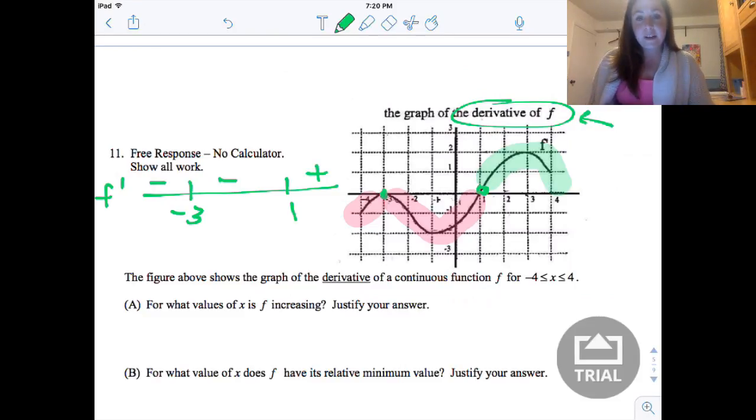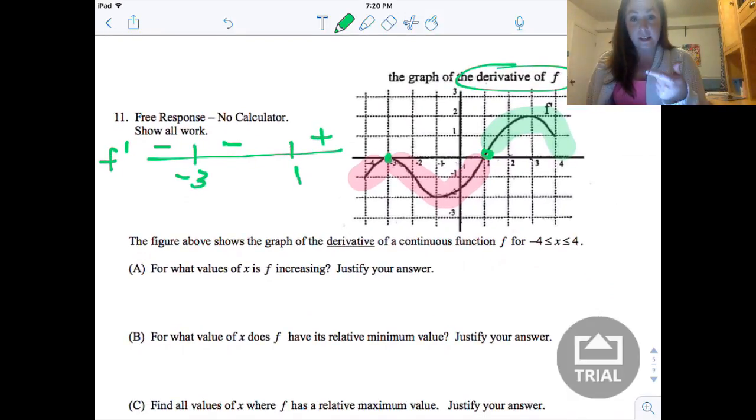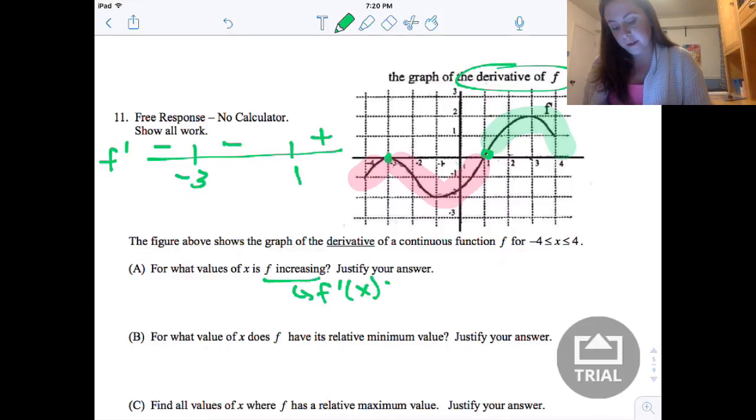So this helps me answer a bunch of questions right off the bat, right? Because I can say, okay, f prime tells me about increasing and decreasing. f prime tells me about mins and maxes. So for what values is f increasing? That's my first question. Well, f is increasing when f prime of x is greater than 0. That's my justification.